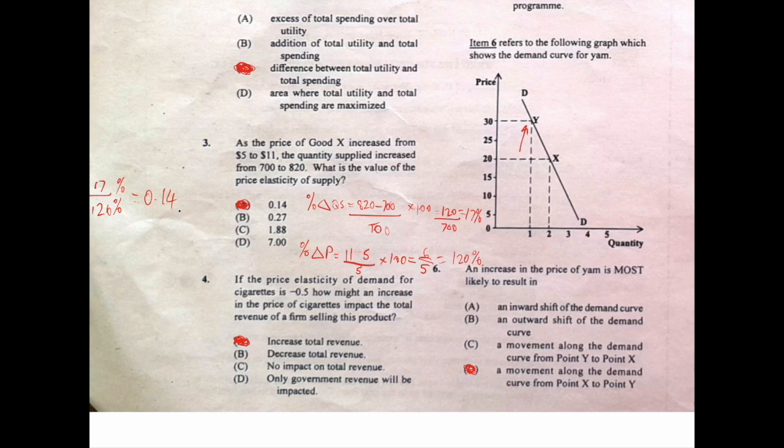And we can see that through the fact that the good that we're talking about in this question is cigarettes. Cigarettes are habit forming addictive goods, and they tend to have inelastic demand because the consumer is addicted to the good and they're unable to forego it no matter how much the price increases.